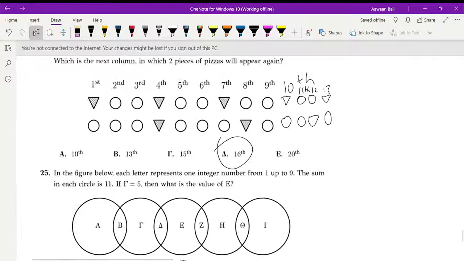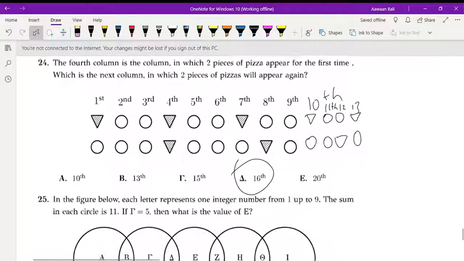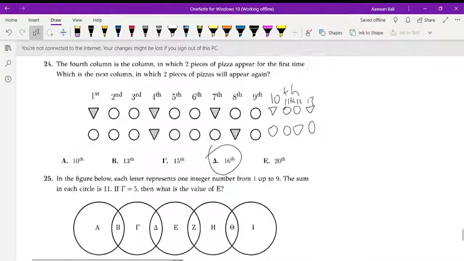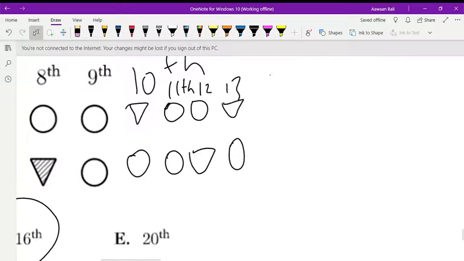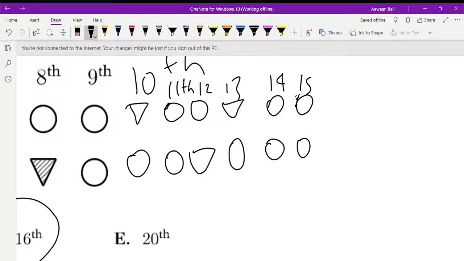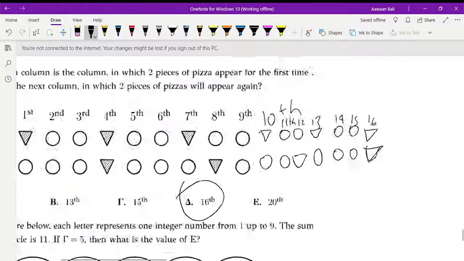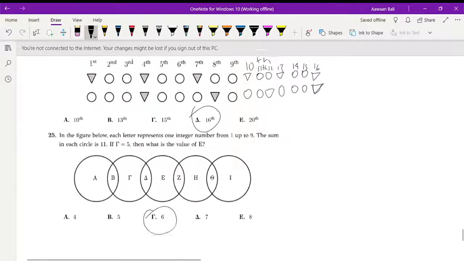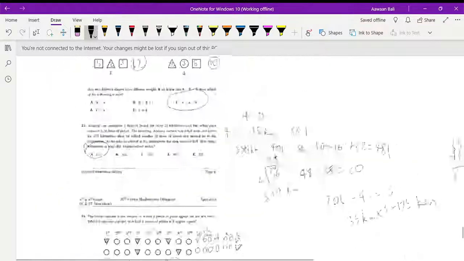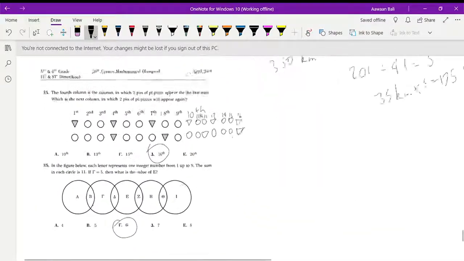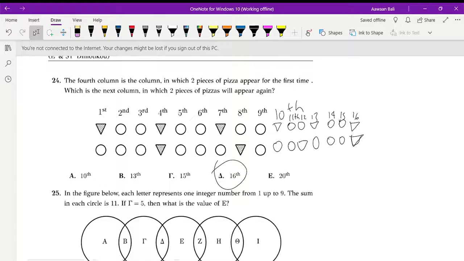And here, because I'm writing it down, since it's not that far away according to the numbers, I can just draw it and it will help. And then when you go to the 16th place, they both have pizzas, which means on the 16th column 2 pieces of pizza will be aligned together. And that's how you do it. So the answer is delta, the 16th.